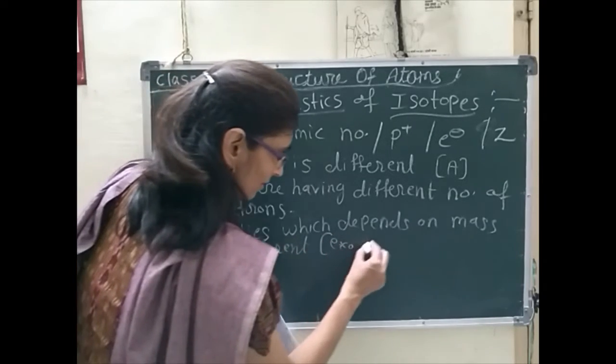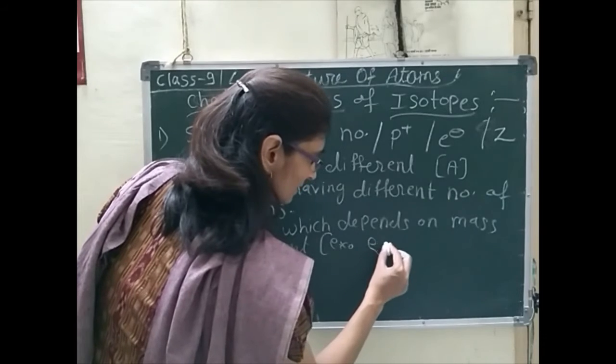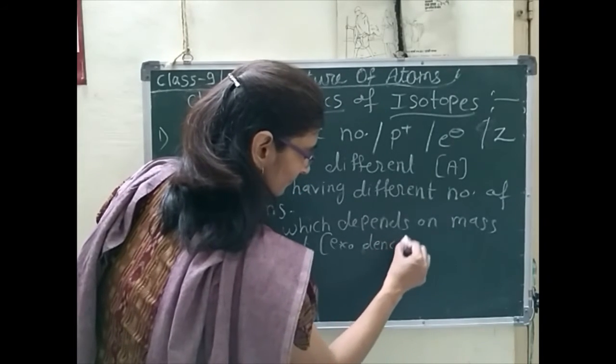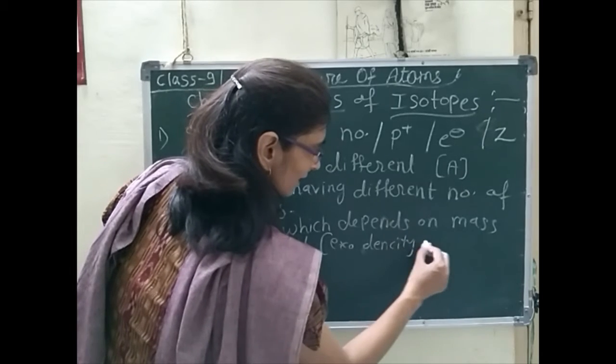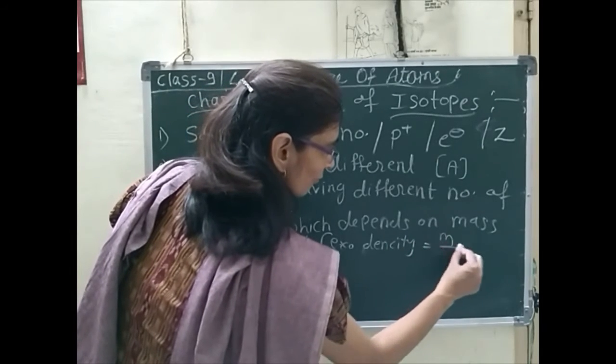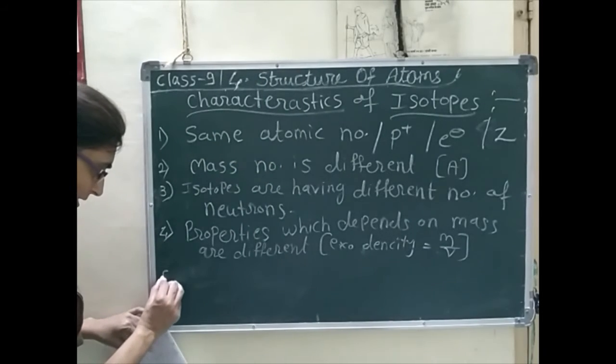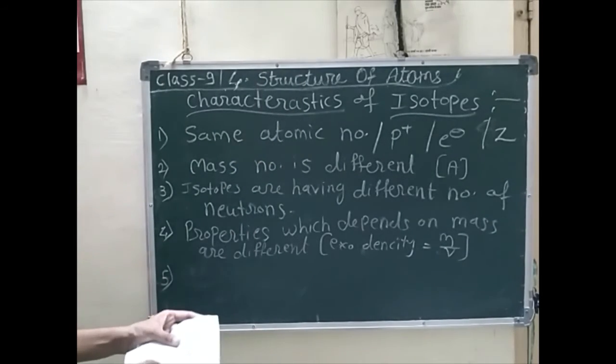Example, density. Rho means density. I will write directly density. Density is equal to mass by volume.